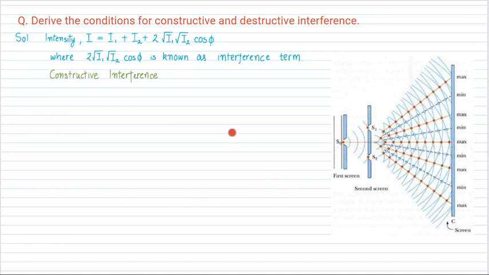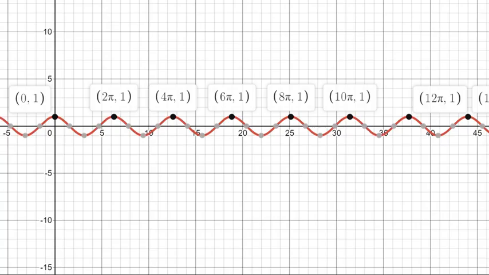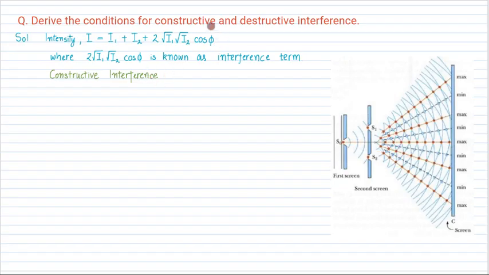Fine. Let's take the opposite case. If this cos phi term is minimum, what is the smallest value your cos can take? -1. So if this term is minimum, then this interference term will also be minimum.